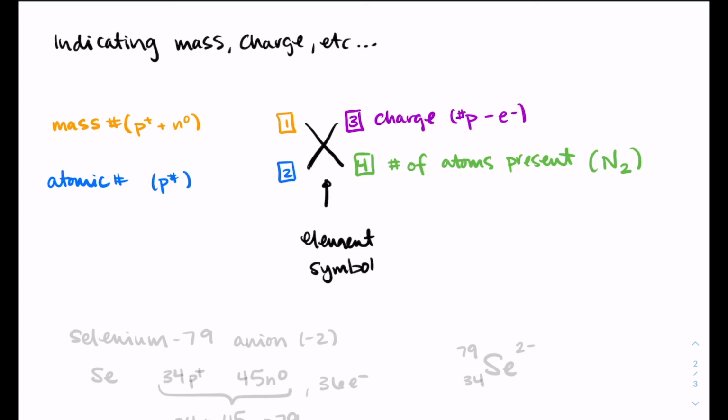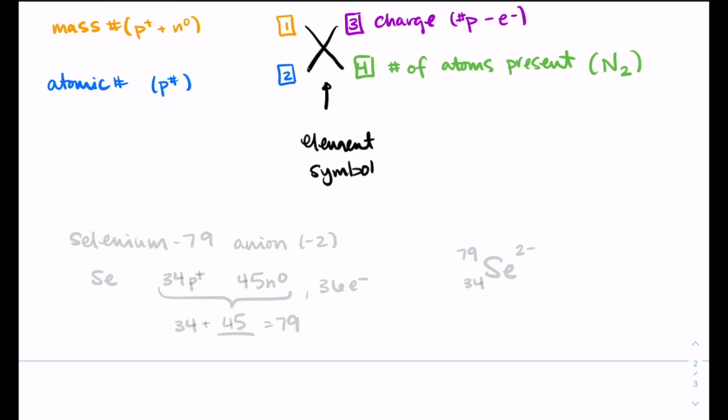And then the only space we haven't filled in yet is space 4, so the right subscript. That will tell you the number of atoms present. So we haven't done this yet, but I do have an example. So like N2, that as I've written it here, that means 2 nitrogen atoms connected to each other.